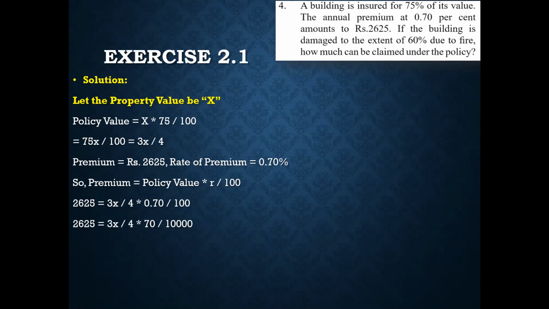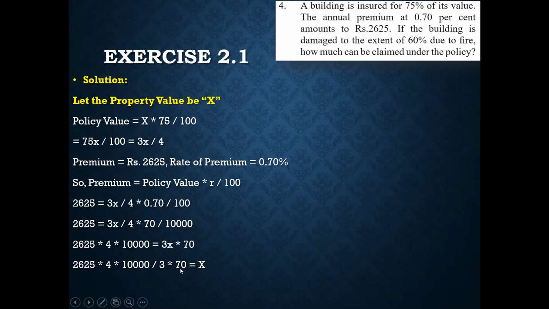The first step I have done over here is remove the decimal of 0.70. So other things remaining the same, 70 divided by 10,000. Then by cross multiplication, I took the denominators that side. 2625 into 4 into 10,000 is equal to 3X into 70. Then the multiplication becomes division.